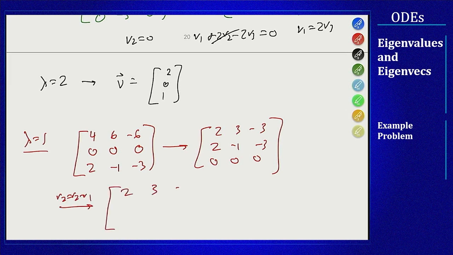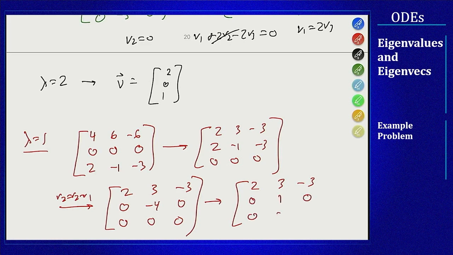2, 3, minus 3, 0, minus 4, 0, 0, 0, 0. And then dividing row 2 by negative 4: 2, 3, minus 3, 0, 1, 0, 0, 0, 0. It's now in a good form.